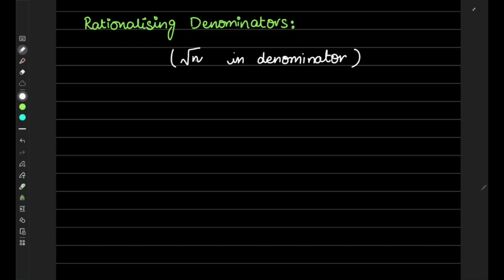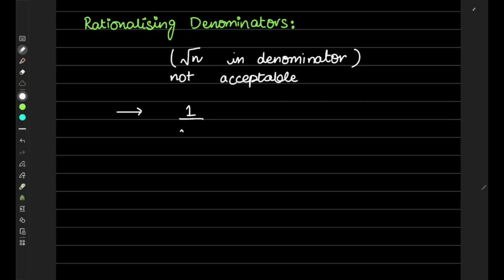So having root n in the denominator, or having a surd in the denominator, is not acceptable in maths. So how do we solve it? How do we get rid of a surd in the denominator? There are three things that could possibly be in your question.